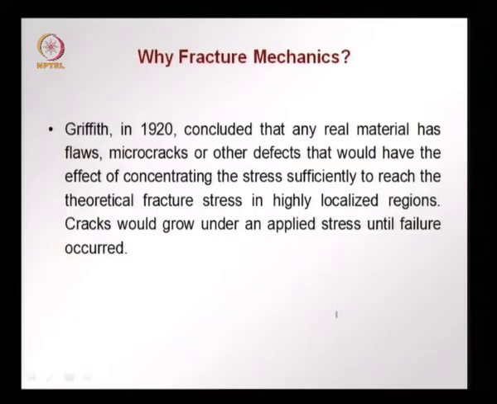So, as the theoretical fracture stress is reached at those points, the cracks start to propagate, even though the applied stress is less than the theoretical fracture stress, and finally fracture occurs.